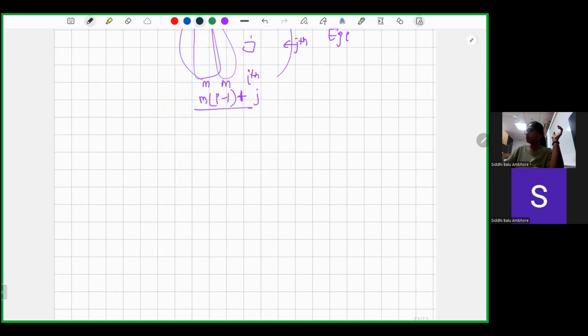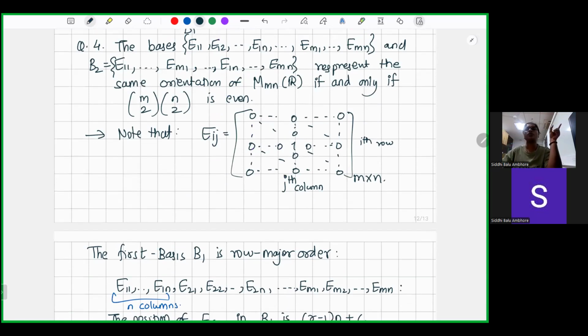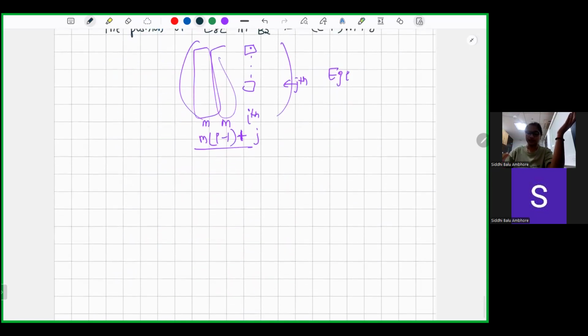Now we have to change the basis from B1 to B2. We have to check whether they both have the same orientation or not, so we have to calculate their basis change matrix.